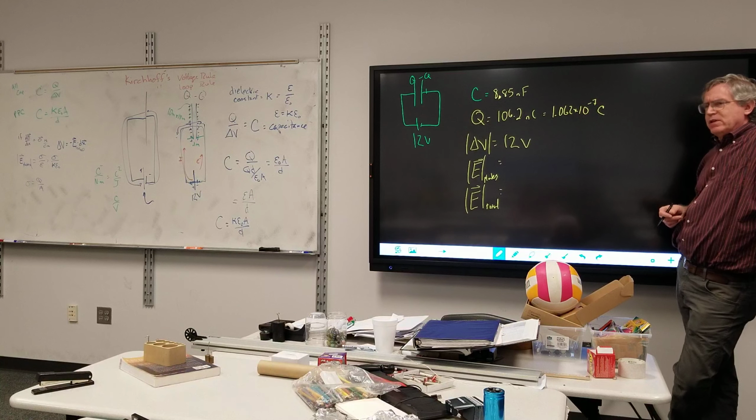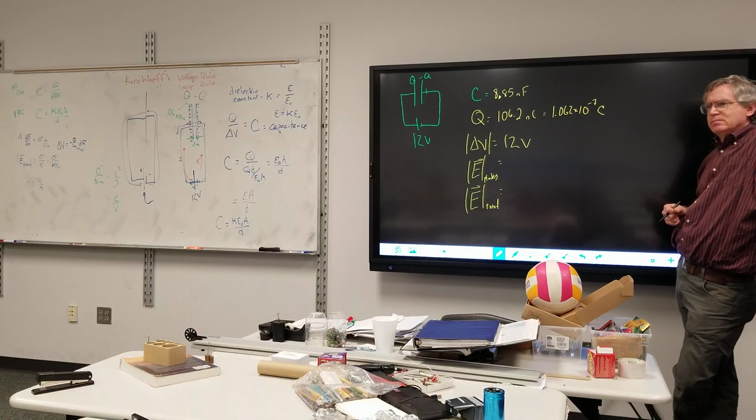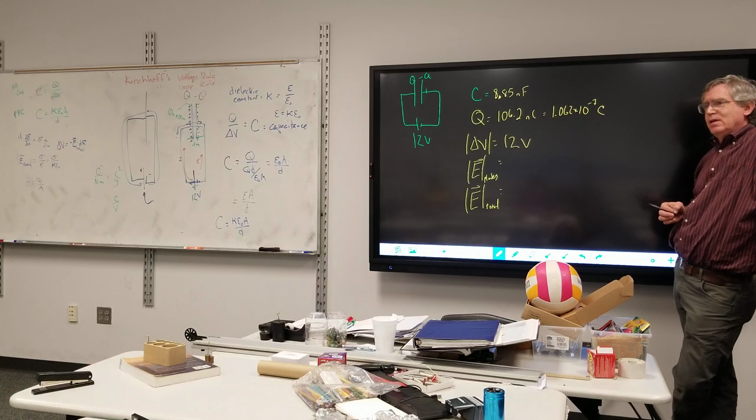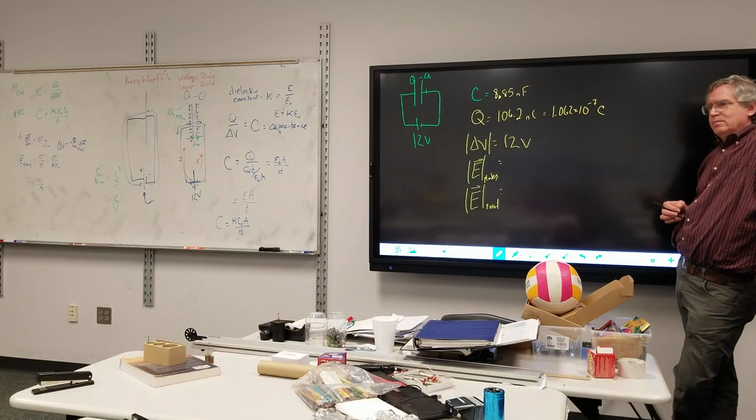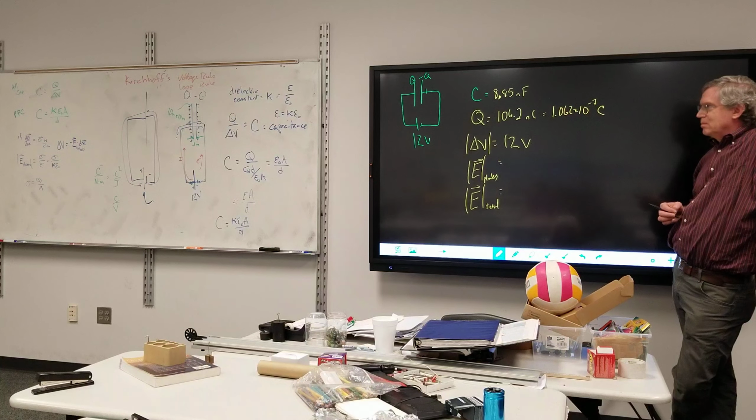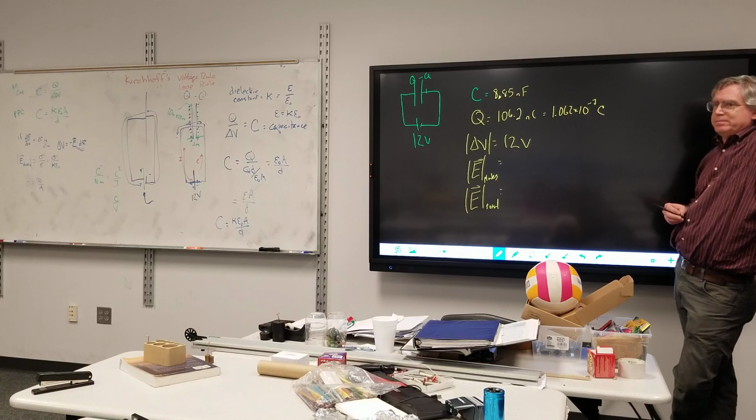What's the electric field coming from the plates? In other words, that external electric field. Or how would you find it?